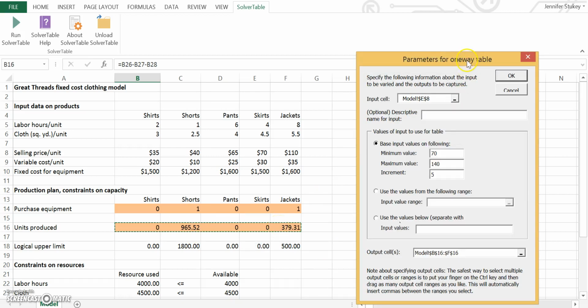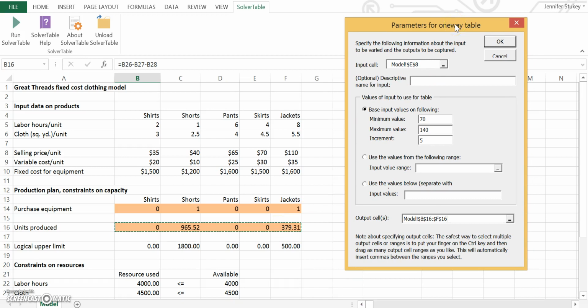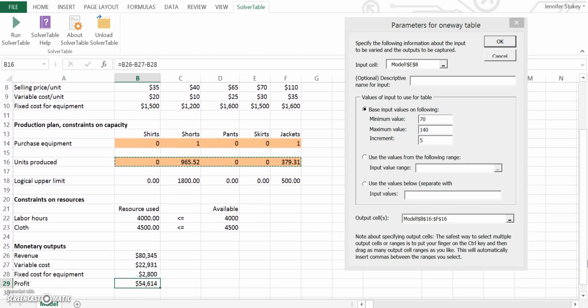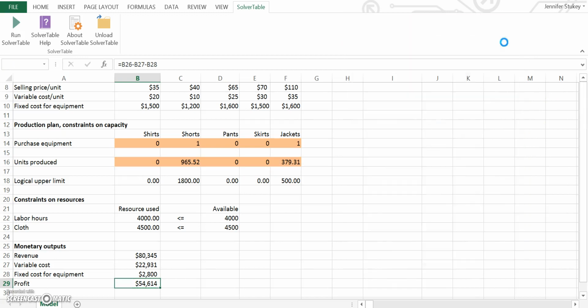And we know if there's any units produced that we have bought the equipment. So we don't have to select that one too in this particular case, because we can infer whether or not the equipment was bought by whether or not there were any units produced. All right, and then the other one we're going to grab as an output cell is profit. Oh, and I've got to put that back in again. Okay. There we go. Go ahead and push OK.